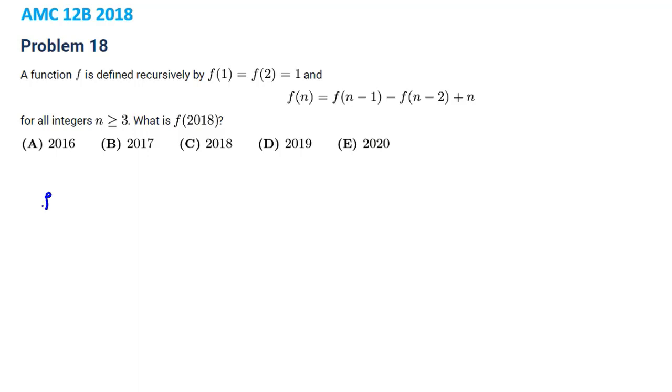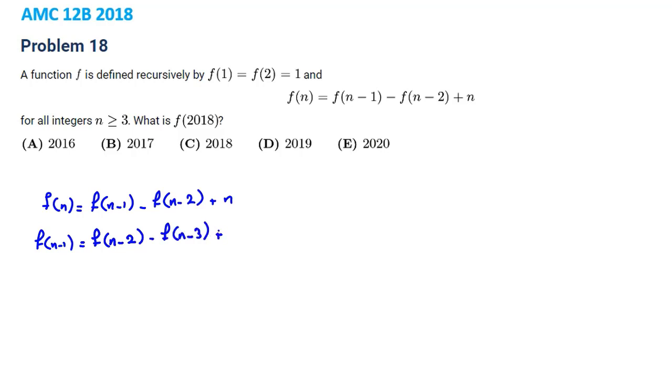So here, when you see problems like these, at first view, we cannot use the telescoping rule. But if you use f of n minus 1 here, it will be f of n minus 2 minus f of n minus 3 plus n minus 1.